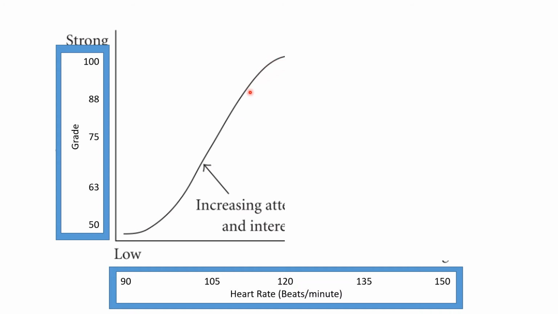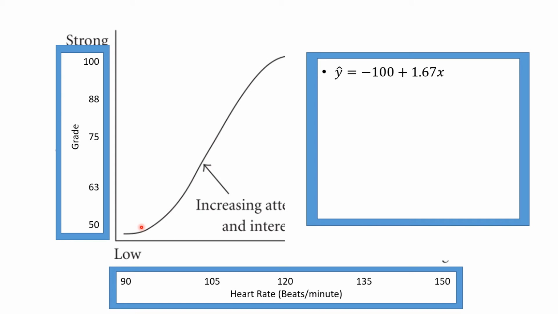If I were to derive a regression equation from the students in my study, that regression equation might look like this. Y hat, or the predicted grade, is equal to negative 100 plus 1.67 times the explanatory variable, which is going to be our heart rate.